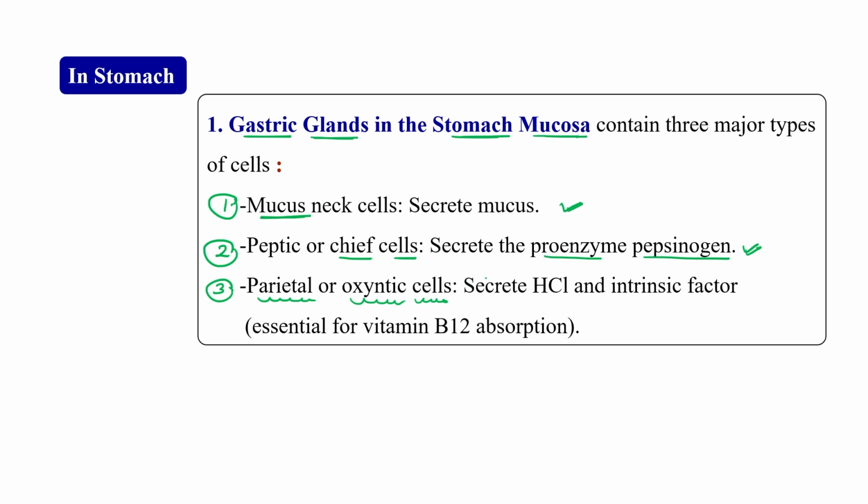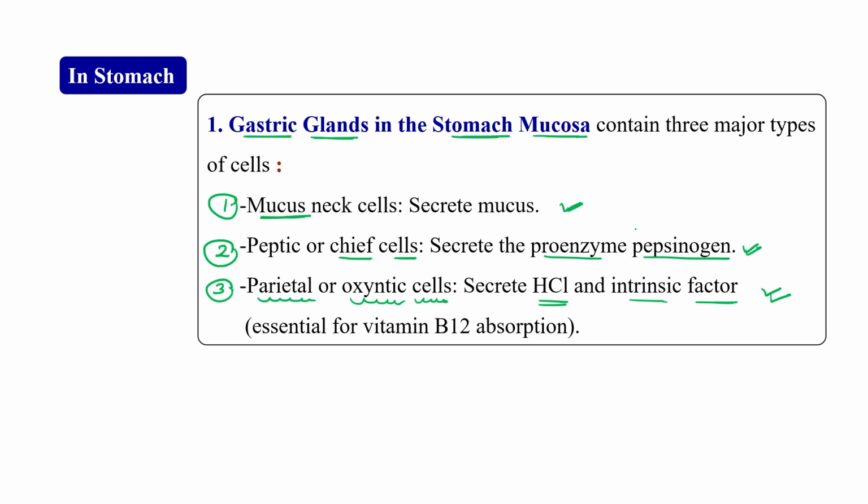Three different kinds of cells are present in the gastric gland, which are present in the stomach mucosa. These oxyntic cells are mainly involved in secreting HCl, hydrochloric acid, and an intrinsic factor which is essential for vitamin B12 absorption.